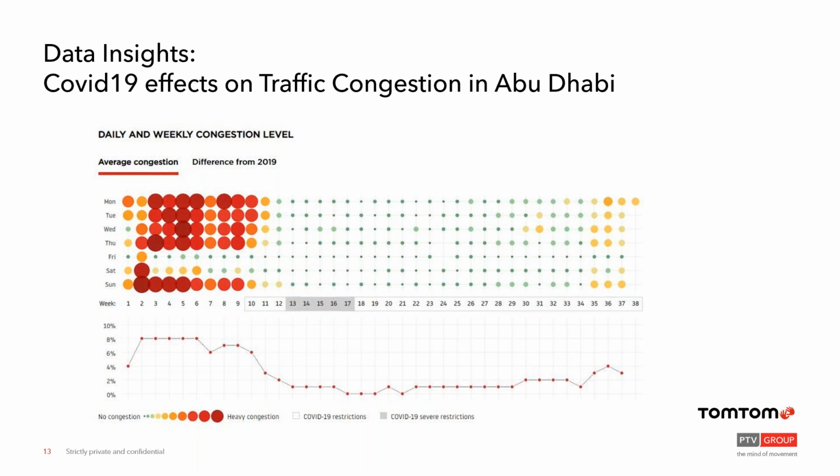Here I have used the TomTom website this morning to show you how the congestion evolved during this year, and you can very easily see the COVID-19 effects on traffic congestion in this example for Abu Dhabi, because you can see heavy congestion in the first weeks of the year 2020, and then you can see the effects of the COVID-19 restrictions and the more severe restrictions as well.